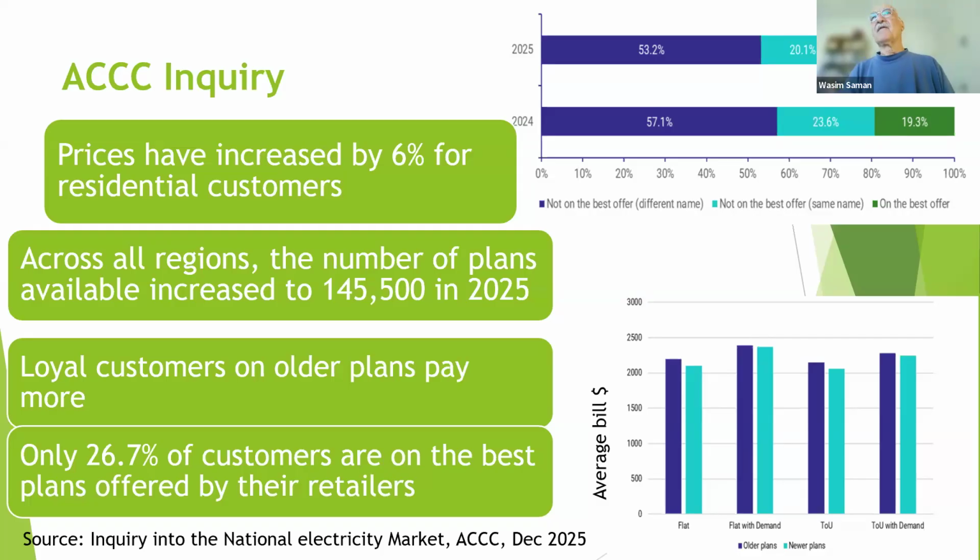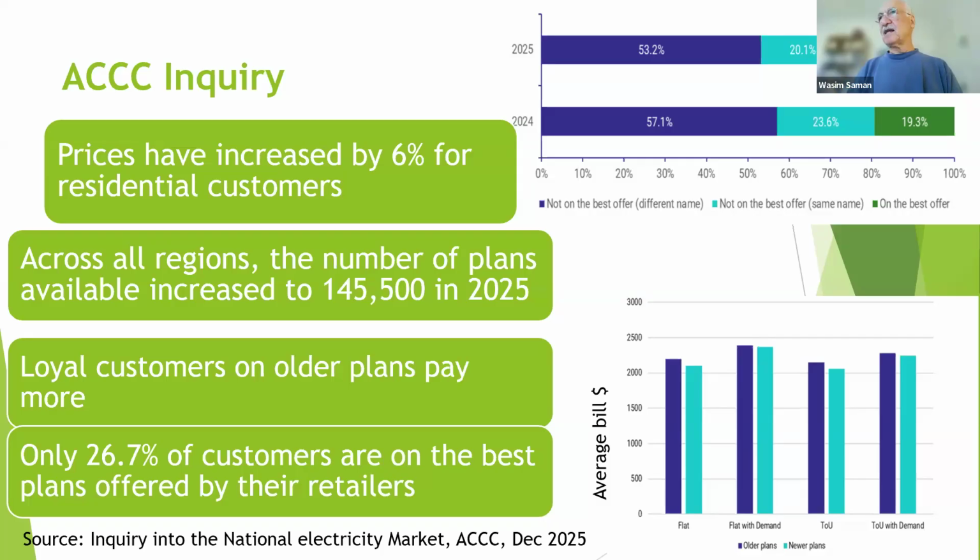And the rest of them obviously have different plans, but certainly three-quarters of the population are paying more than they should be. And certainly loyal customers on older plans pay more. And there are so many different plans available. If we look at all the regions of Australia, there are 145,000 plans available.